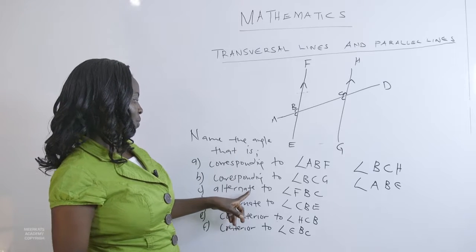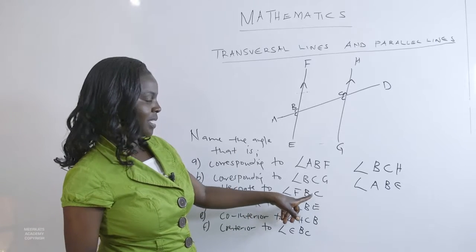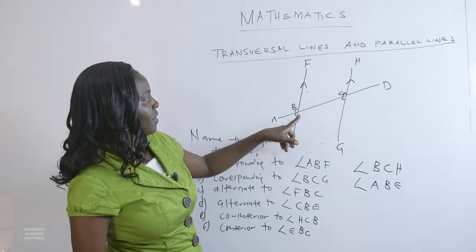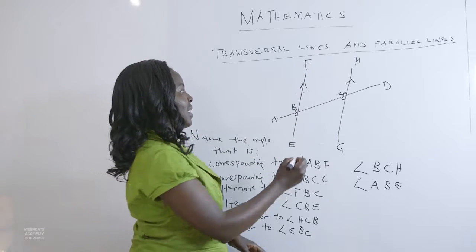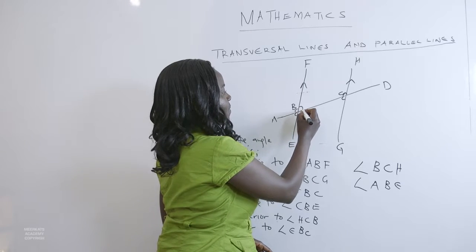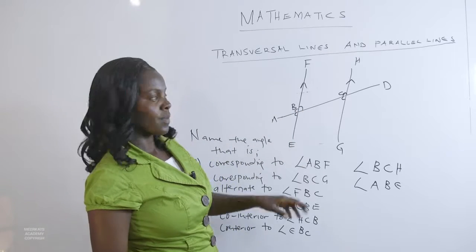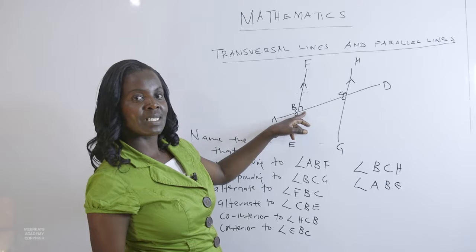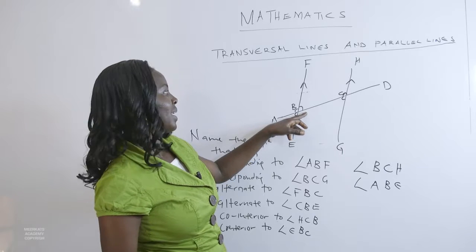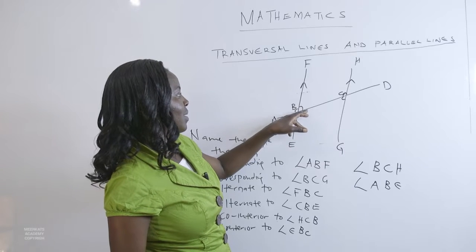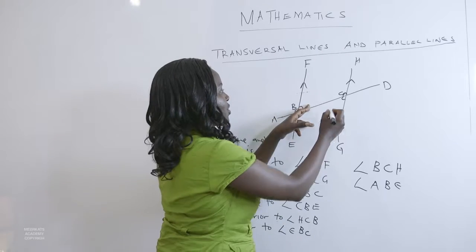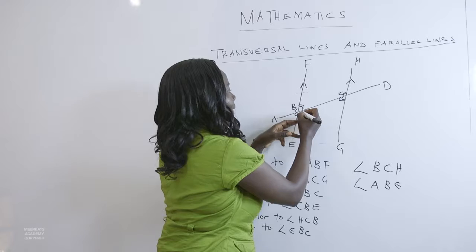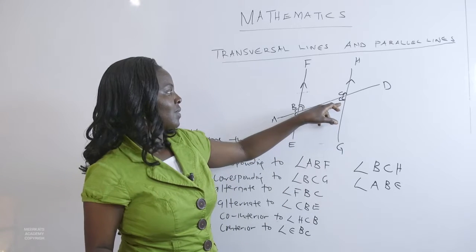Name the angle that is alternate to angle FBC. Alternate angles, we say they are on the opposite sides of the transversal line. So this angle here, FBC, should be alternate to this angle.